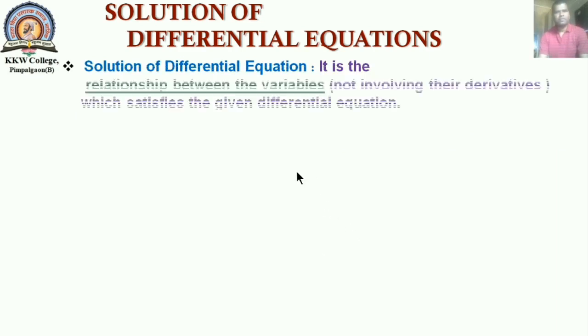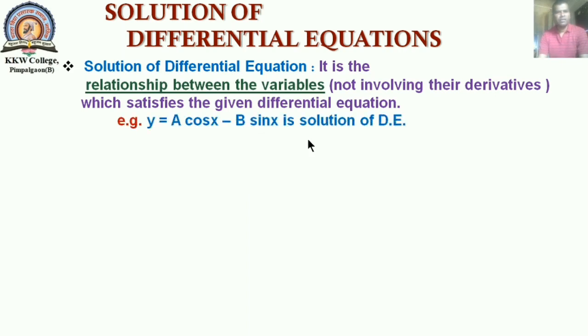Now we see the solution of a differential equation. The solution of a differential equation is the relation between the variables not involving the term dy/dx. y = a cos x − b sin x is the solution of the differential equation d²y/dx² + y = 0.